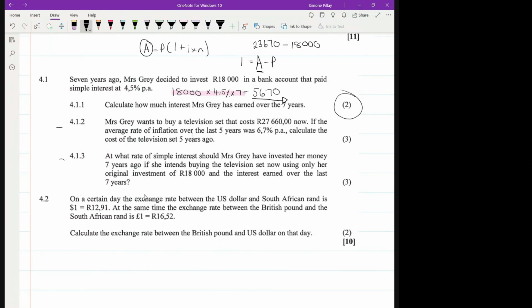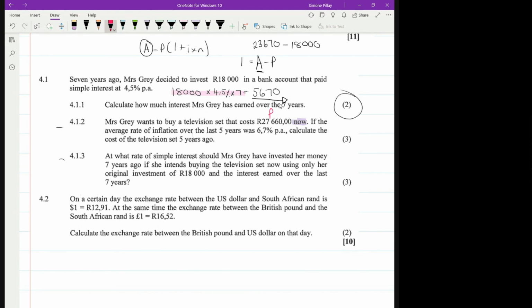Mrs. Gray wants to buy a television set that costs 27,660 Rand now. So immediately I'm thinking present value. This is my P. If the average rate of inflation over the last 5 years was 6.7% per annum, calculate the cost of the television set 5 years ago.